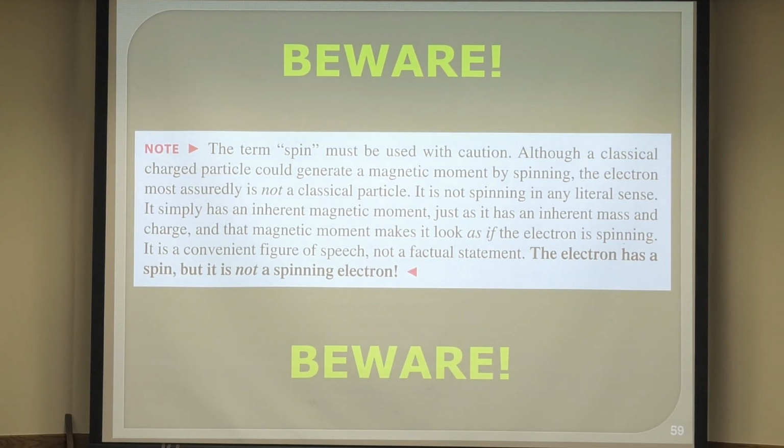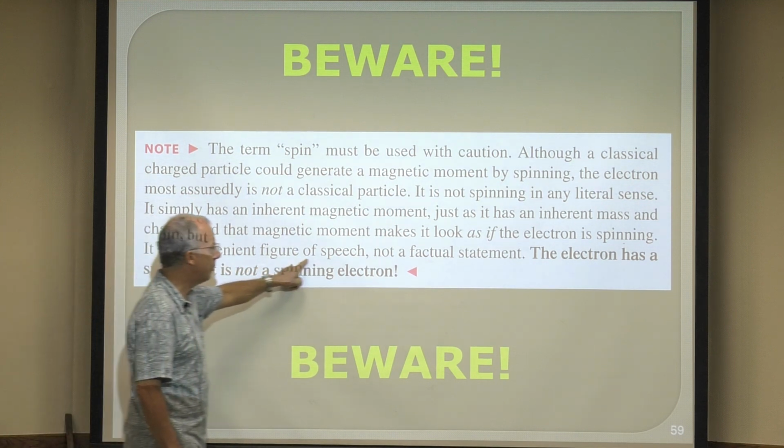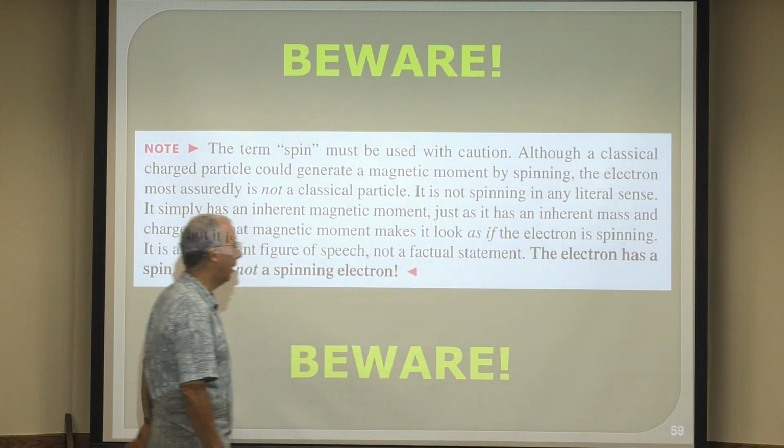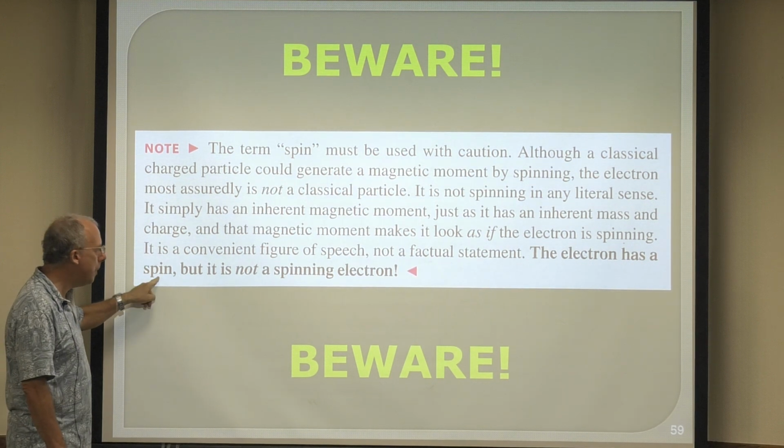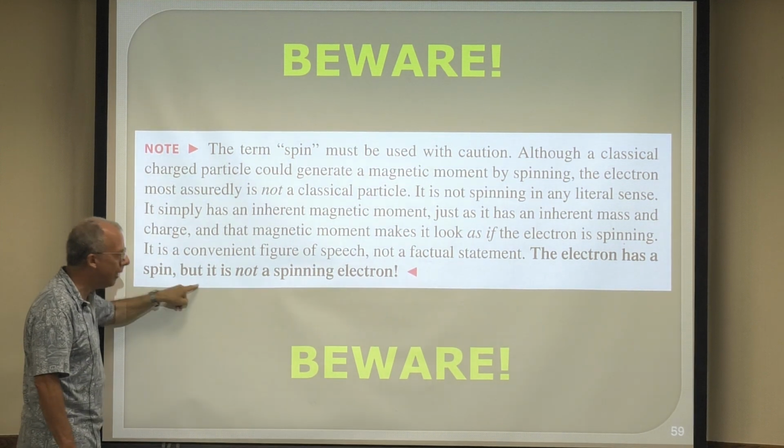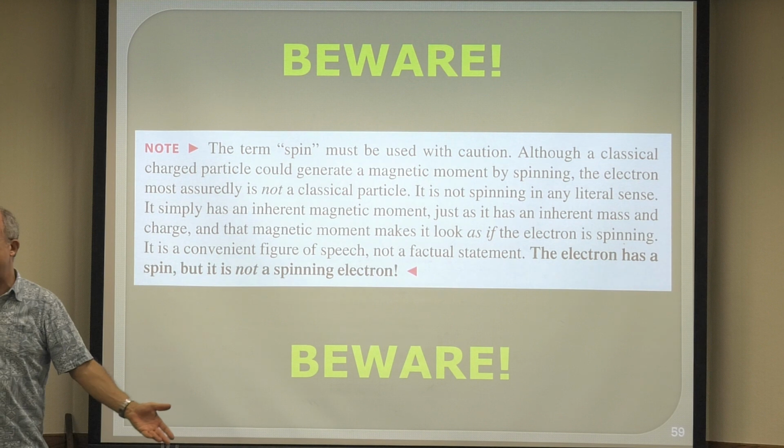It simply has an inherent magnetic moment just as it has an inherent mass and charge. And that magnetic moment makes it look as if the electron is spinning. It is a convenient figure of speech, but it's not factual. The electron has spin, but it is not a spinning electron. Now, is that the dumbest thing you've read or what?